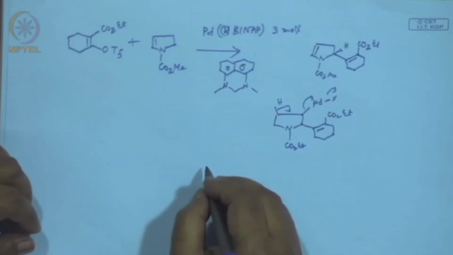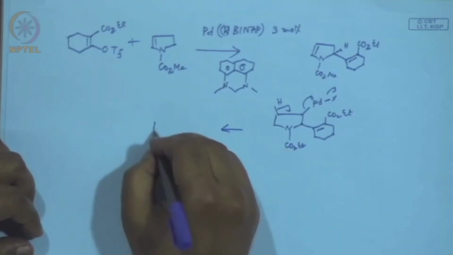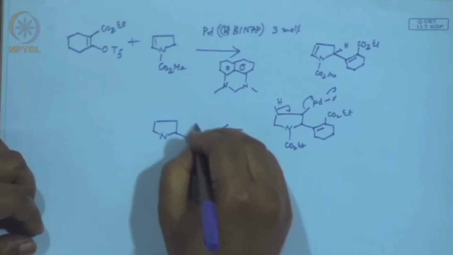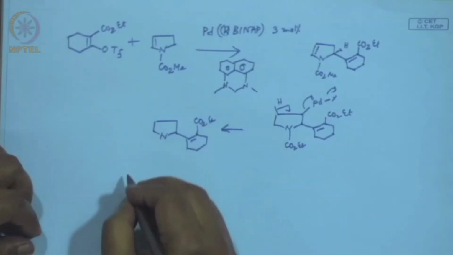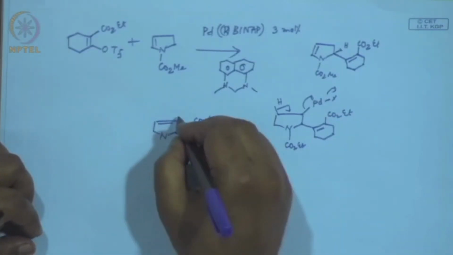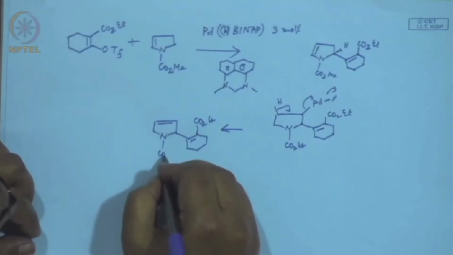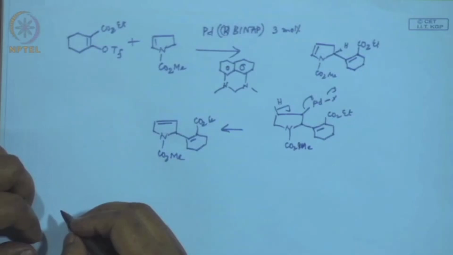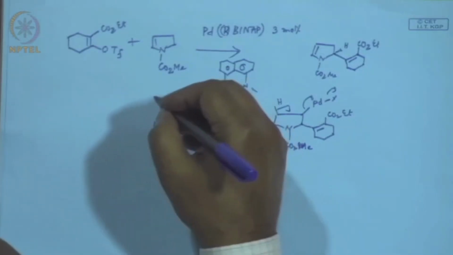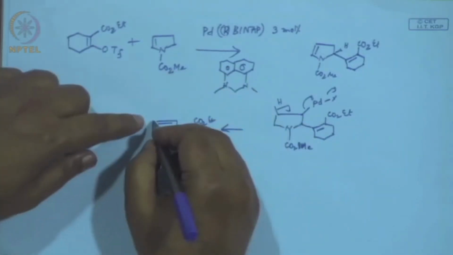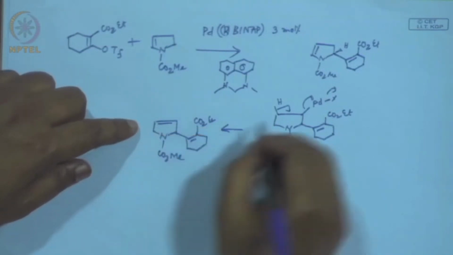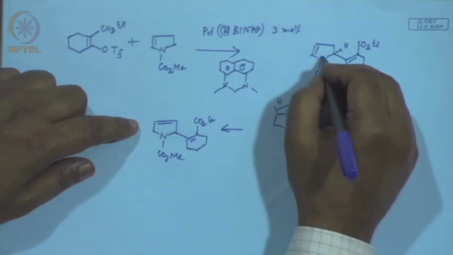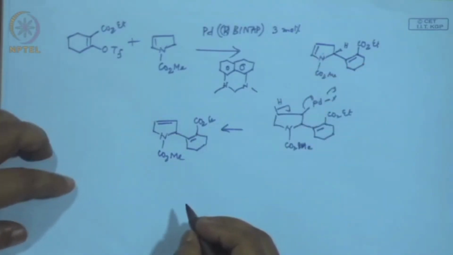So, once you have this beta elimination, you will get these, and this is OMe. What next? The same thing will undergo isomerization. Again palladation will take place on the other side, and eventually it will go to the double bond, simply because you have nitrogen, and the nitrogen lone pair would assist the stabilization of the double bond.